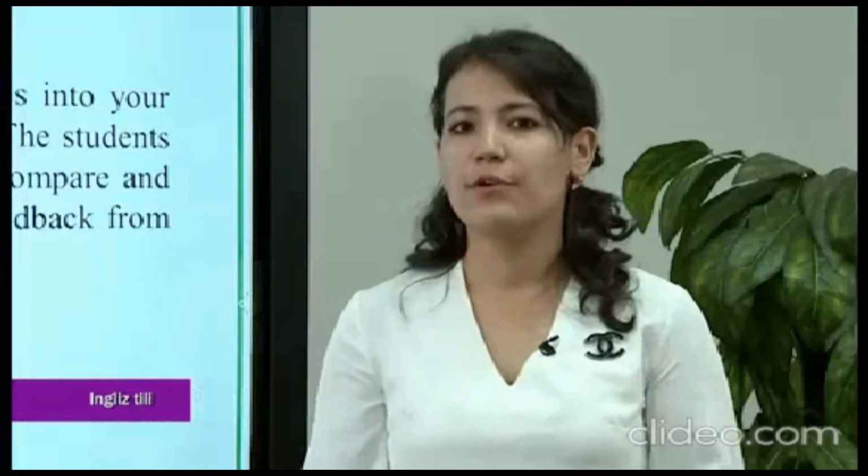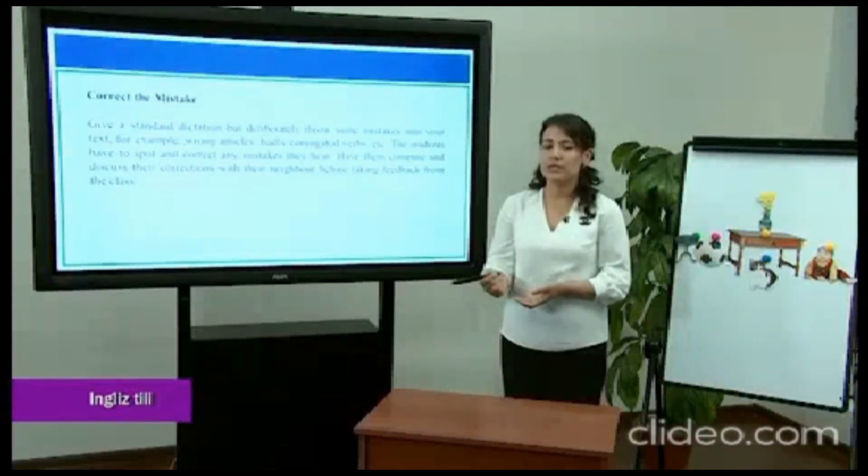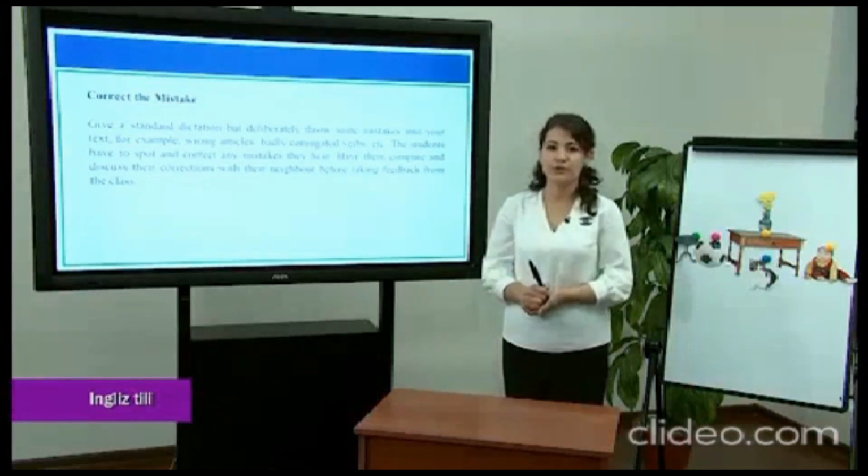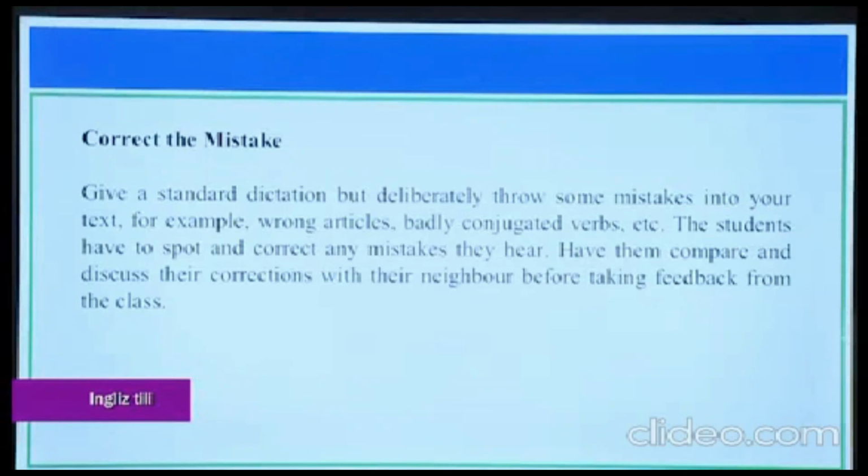The next type of dictation is called correct the mistake. This dictation is also interesting and helps you to gather the attention of your pupils. In this type of dictation, as in a standard dictation, you will read a short text. But while you are reading, you should make some mistakes.